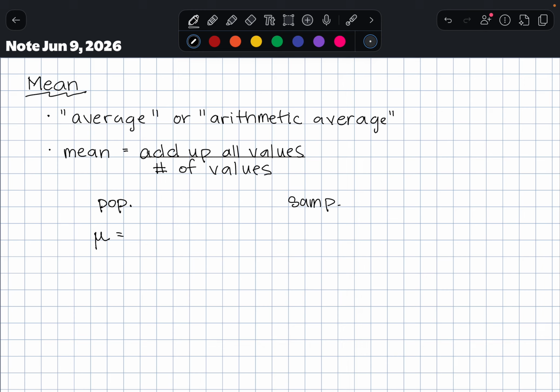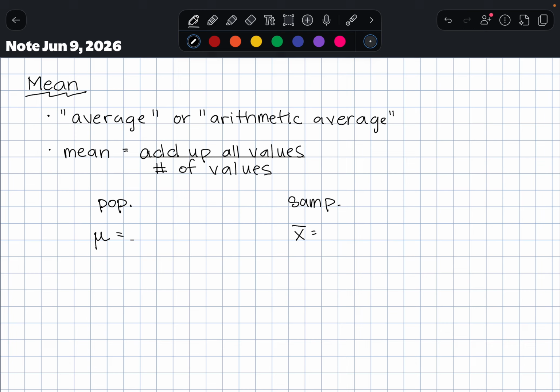For sample data, we're going to use the symbol x bar. And you'll notice a pattern throughout this statistics course. Generally, when we're talking about population parameters, we're almost always using Greek letters. And when we're talking about sample statistics, we're almost always using English letters. And that pattern is going to follow us throughout this first unit as we learn new quantities.